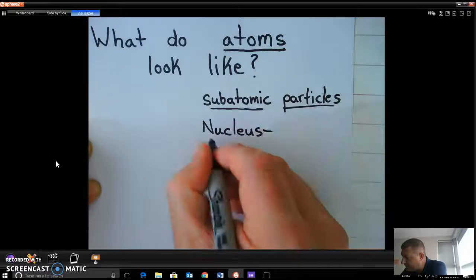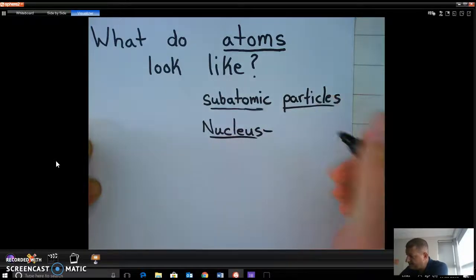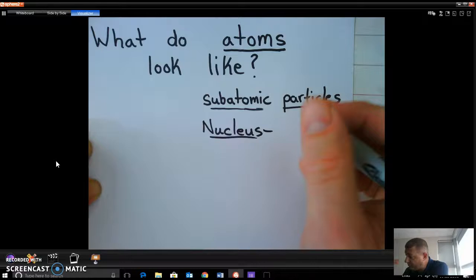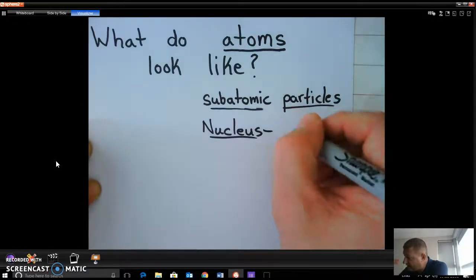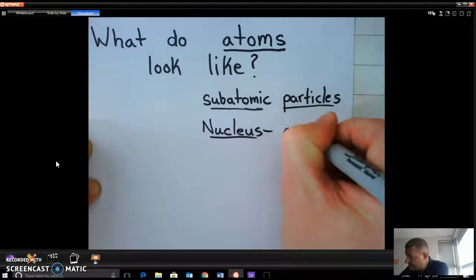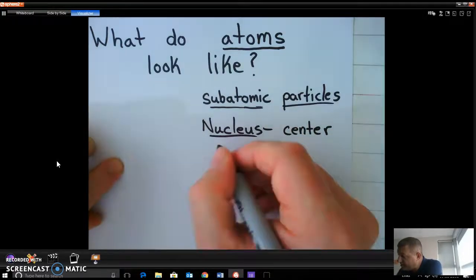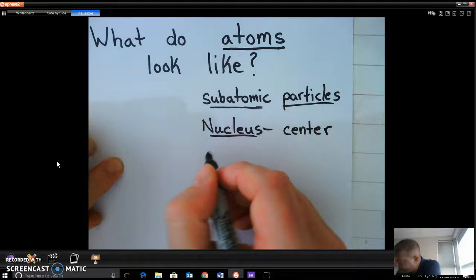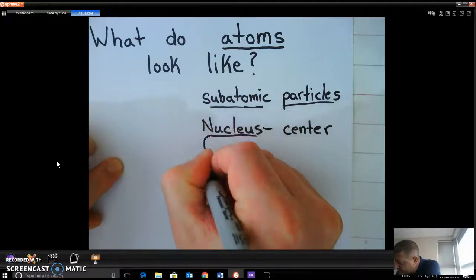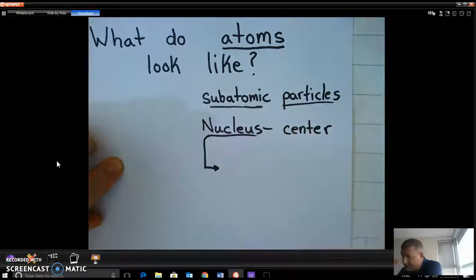Nucleus. So I'll underline that. It is a pretty important piece. It's the center of the atom.